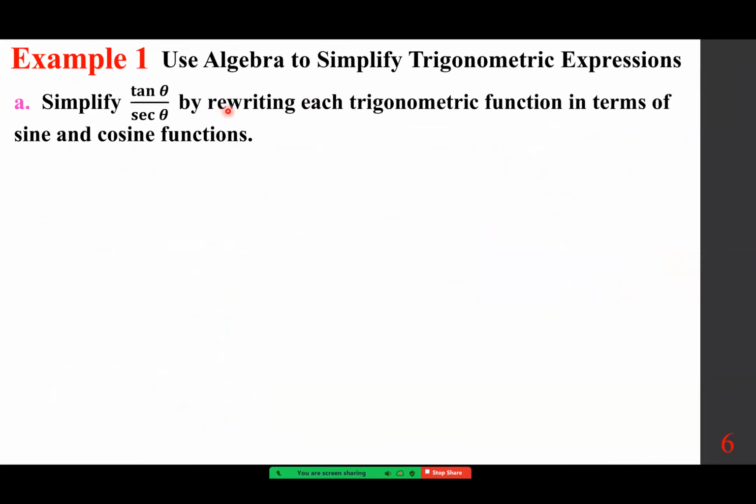All right, we want to simplify trigonometric expressions. In part A, we are looking at tan over secant. Many times, the methodology and technique is to change everything to sine and cosine. So tangent, as you know, is sine over cosine. Secant is 1 over cosine.